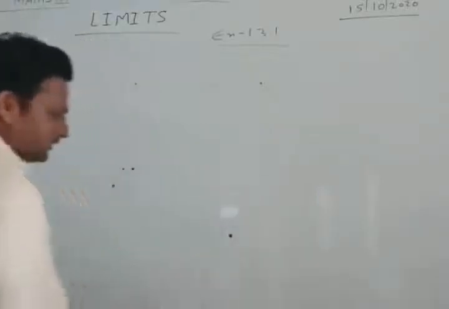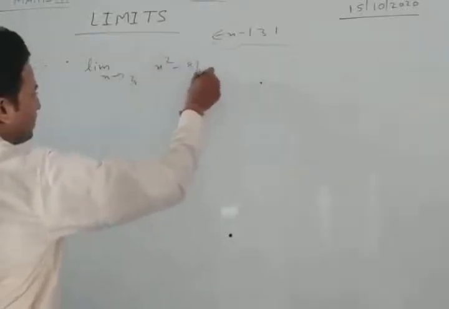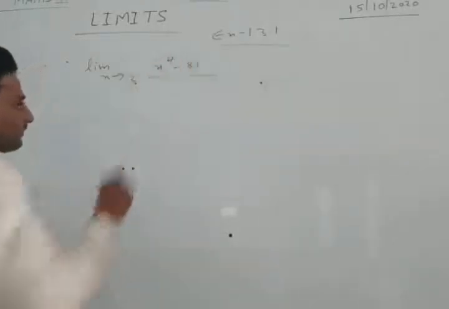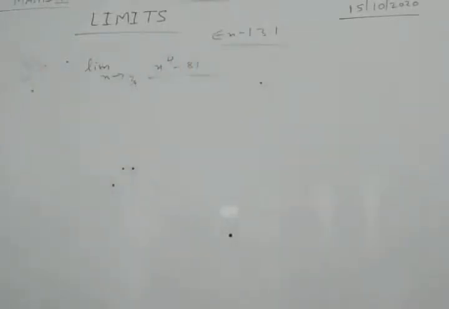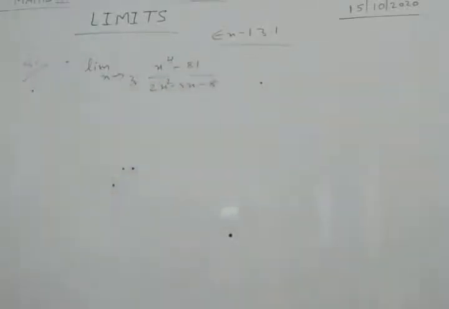Our next question is in which we have to find the limit x tends to 3 of x to the power 4 minus 81 upon 2x square minus 5x minus 3.